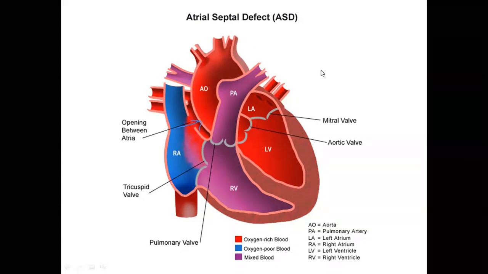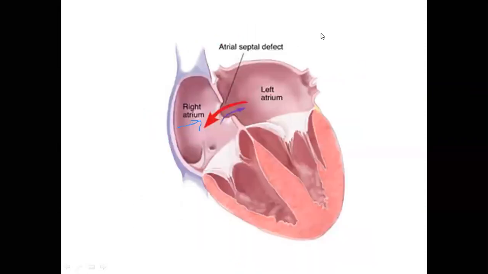Through this opening on the atrial septal defect, the blood mixes from higher concentration towards lower concentration. Once the right atrium is filled in excess, there is a possibility of a little bit of swelling or movement of the blood from right to left atrium.